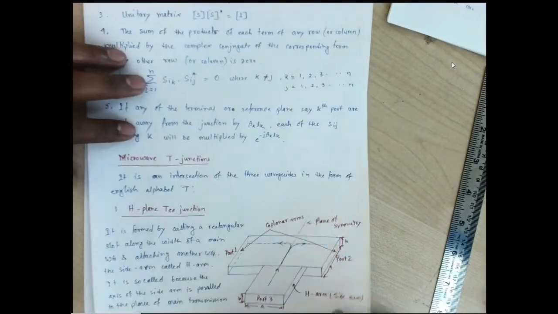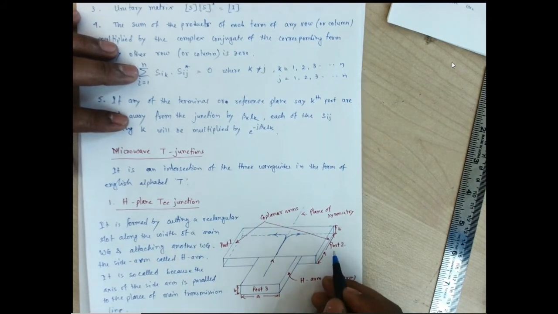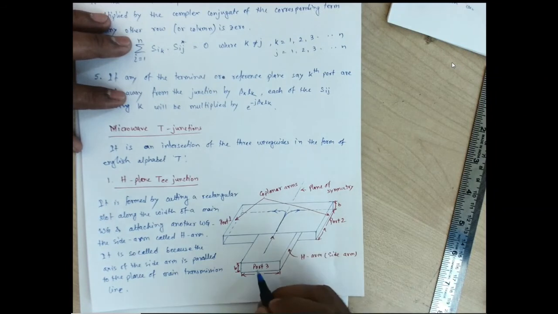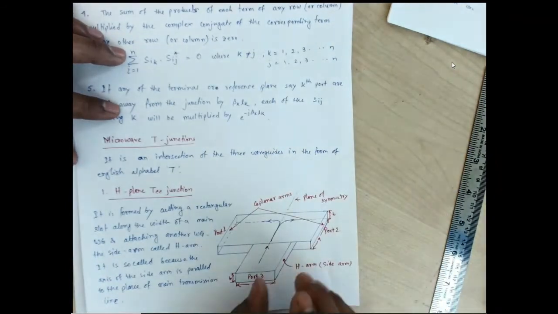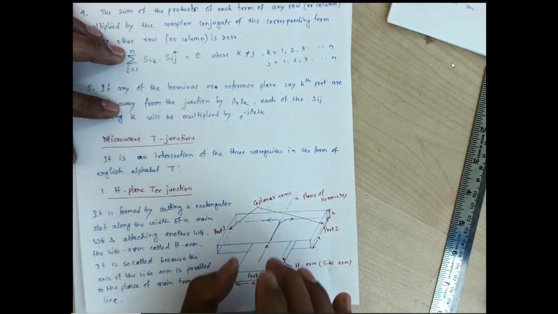So what does it mean? When the source is given to port 1, whatever output is taken from port 3 is the same as when the source is connected to port 2 and taken from port 3, because of the symmetry. So you just consider that this one is connected at exactly the middle of this main waveguide.